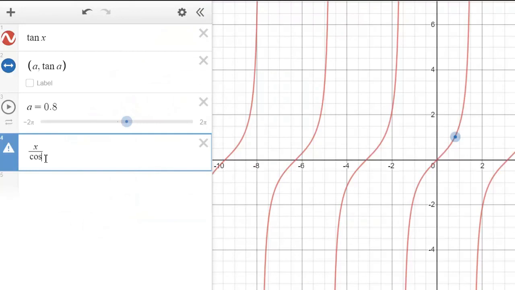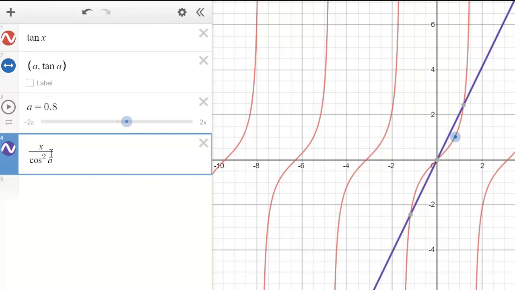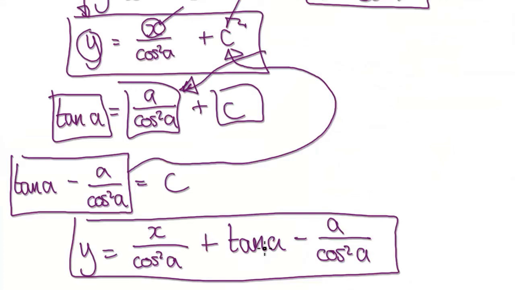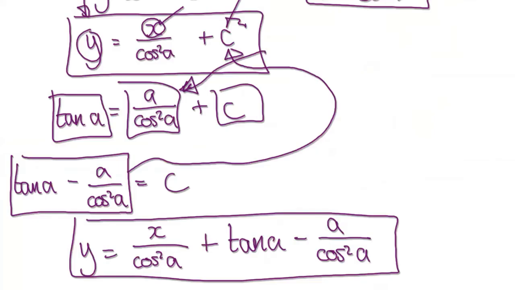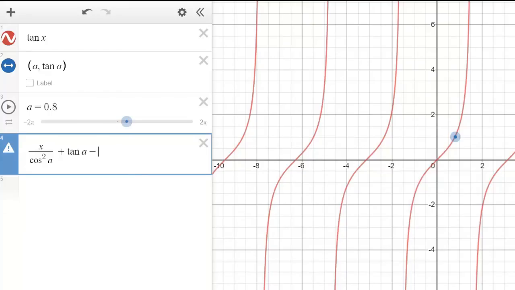And then our intercept was plus tan a minus a over cos squared a.